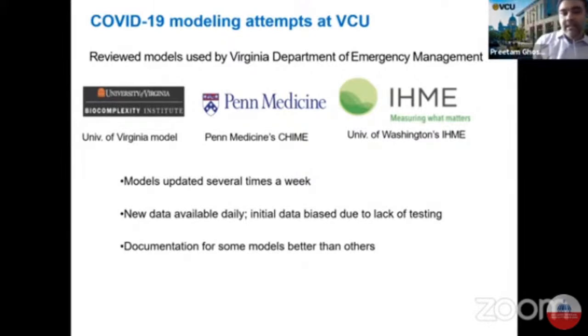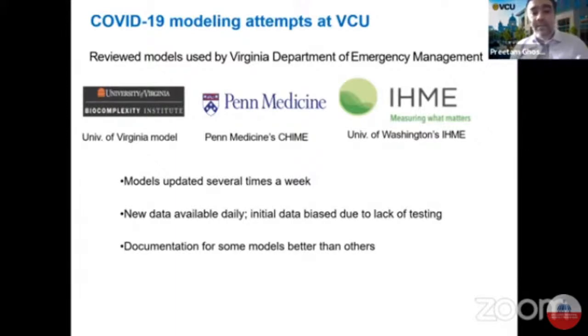So these were the 3 primary models that came out to be the leading spread models in the country over this past year. Okay, and as I said, we have been evaluating several of these models during this process.